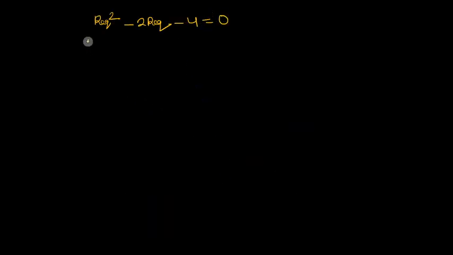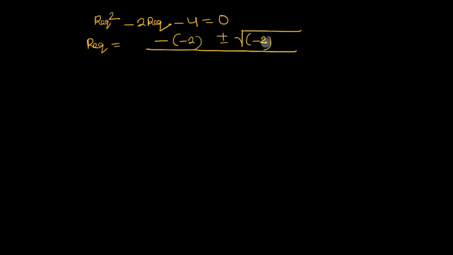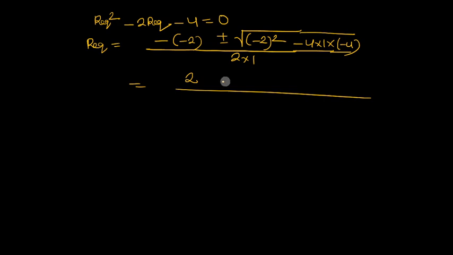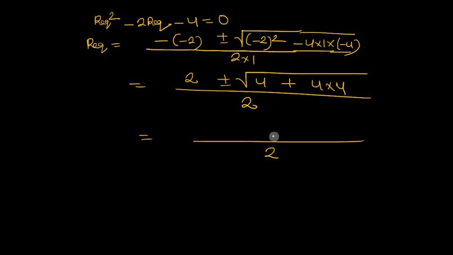Now it's simple, you have to solve this equation. If you solve this equation you will get minus b plus minus root over b square minus 4 a c, divided by 2 a. If you simplify the term inside the root, you will have 4 plus 4 into 4, and if you take 4 common, then 1 plus 4.